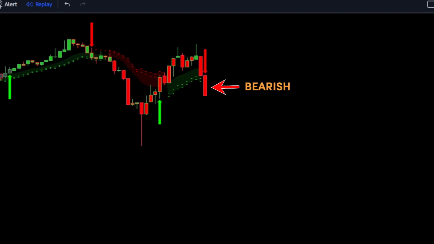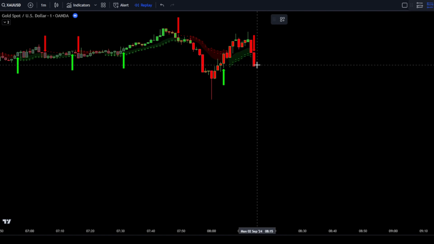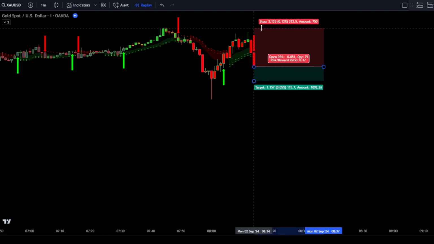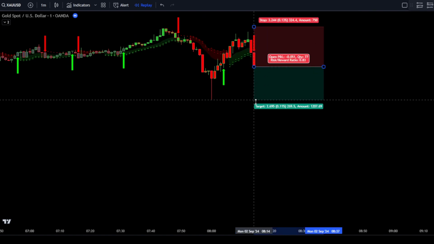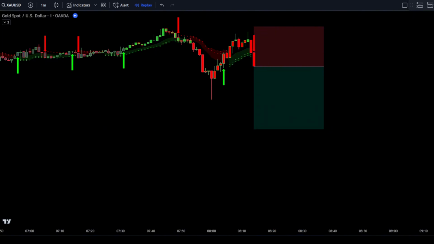Ensure that the candlestick is red. If all the conditions are met, you can place a sell entry after the candlestick closes. Place the stop loss at the most recent swing high. Use a target take profit with a risk-to-reward ratio of 1 to 1.5.